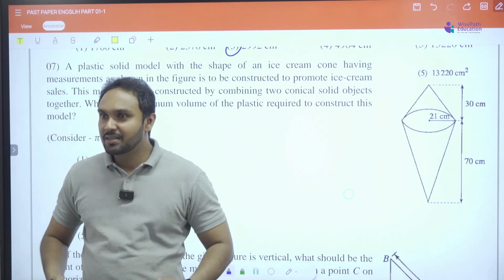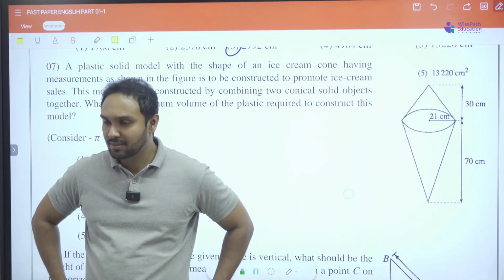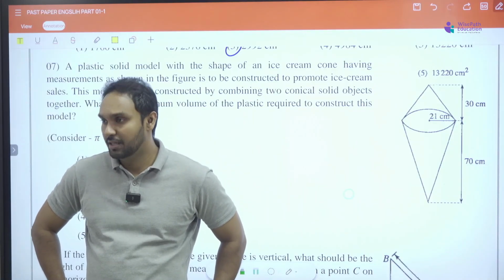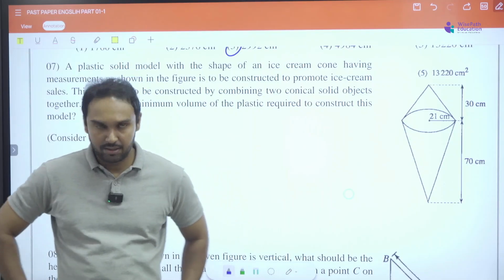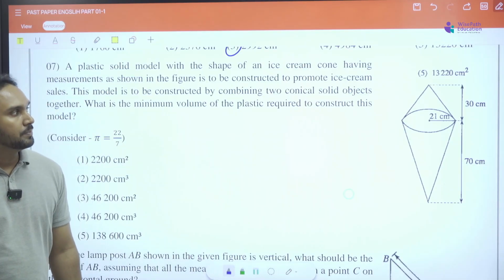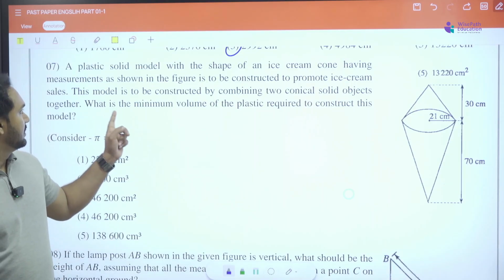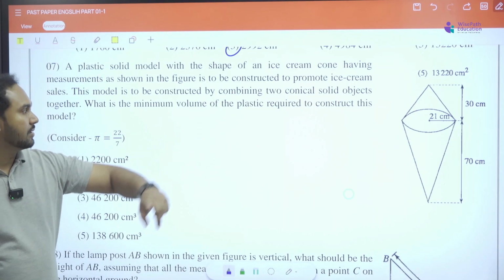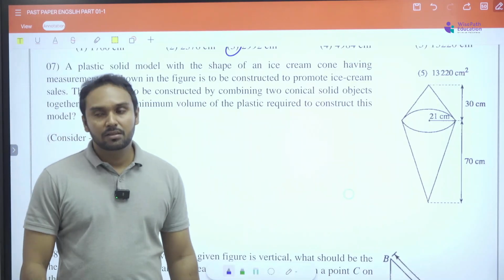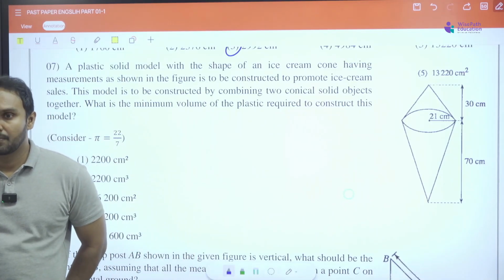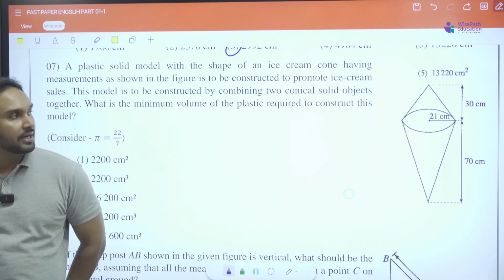That is 1/3 of the cylinder, isn't it? 1/3 of the cylinder, that is 1/3 πr squared h. So to put 1/3 πr squared h, minimum volume of the plastic required to contain here. What is lacking here? 1/3 of πr squared h. What is lacking here?